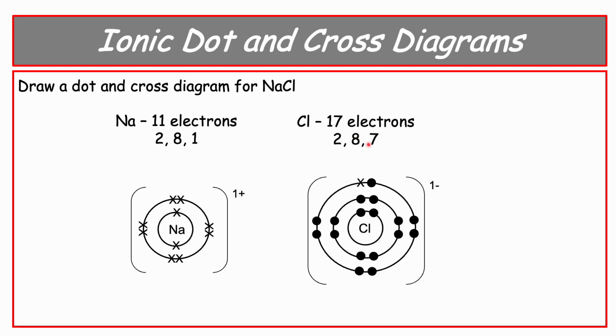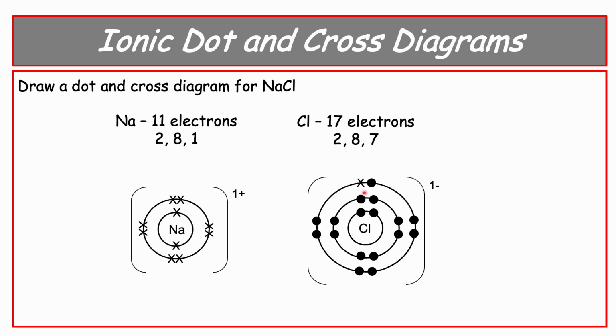Well, if you think about it, sodium is trying to get rid of an electron and chlorine is trying to gain an electron. So where do you think chlorine is going to gain this electron from? Hopefully you're able to see that it comes from the sodium. So the electron we've just removed from the outer shell of sodium has now been transferred to chlorine.